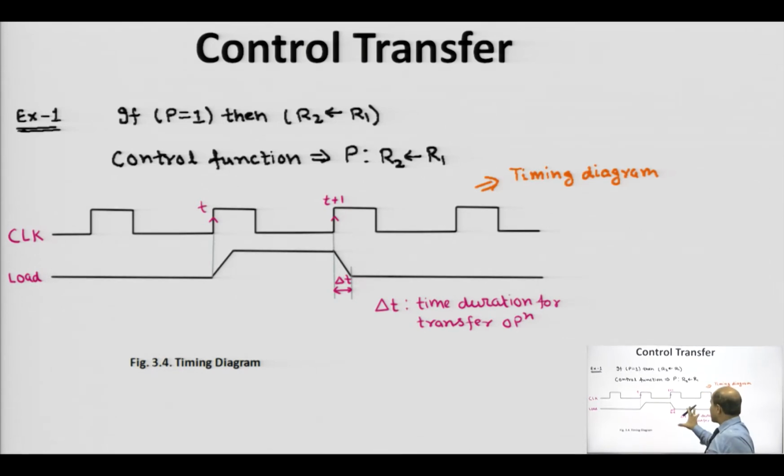In a timing diagram it is very clear how fast register transfers are, meaning registers are much faster than other components. So, during this interval of time delta t, the transformation actually takes place. This is the timing diagram for the same example.